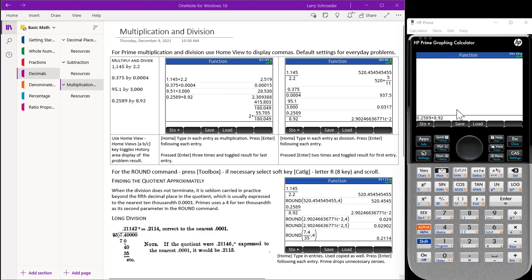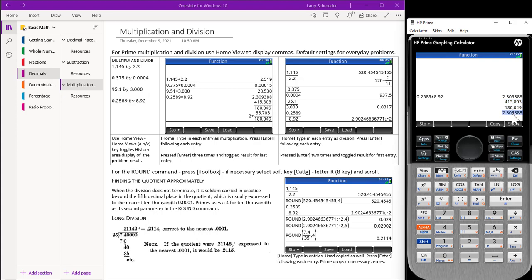So I've put it into our calculator. If I press enter, I get the decimal equivalent. If I press enter again, I get the decimal equivalent, and enter again, I get the decimal equivalent. But if I highlight the second one and hit the ABC button, it switches it over to an improper fraction.